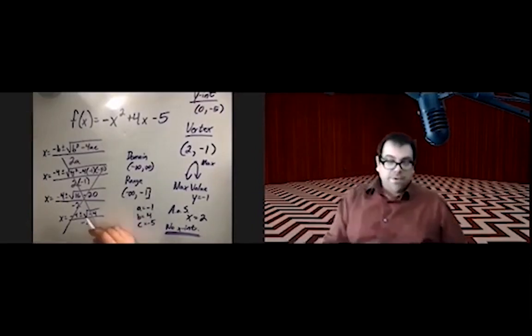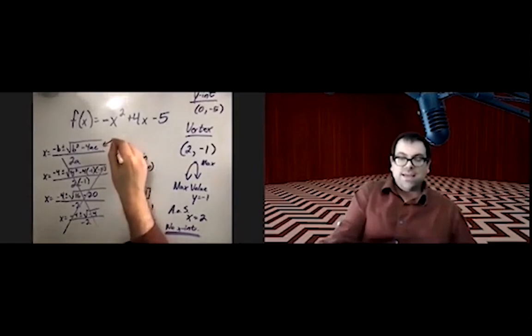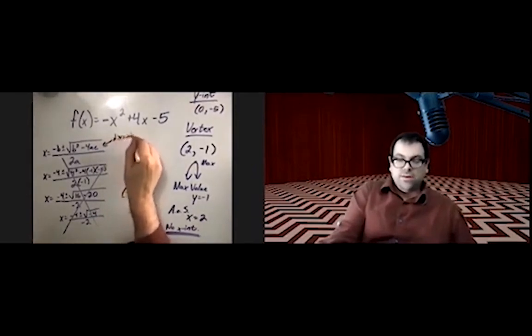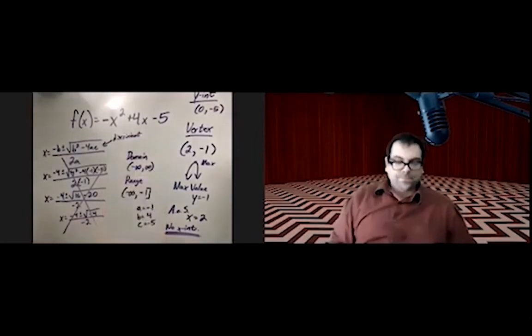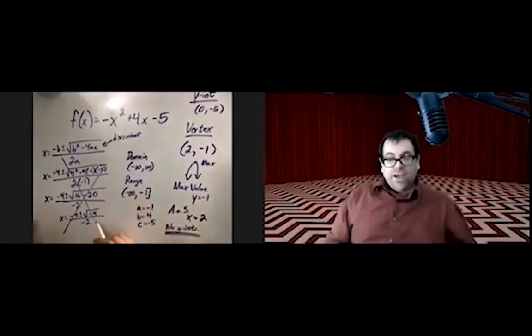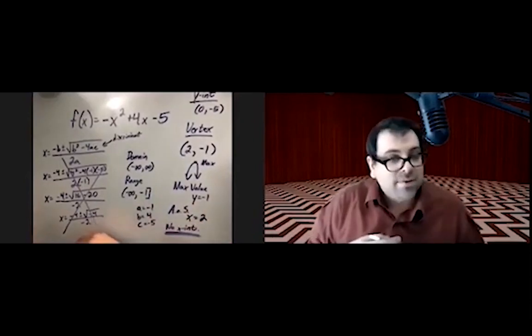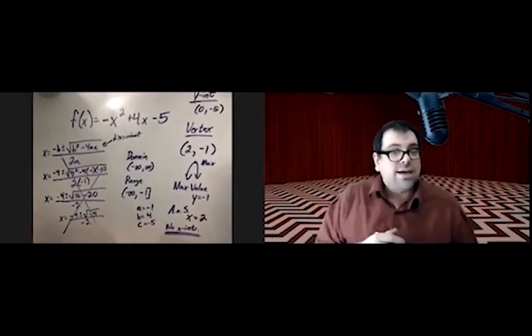So anytime we do this part of the quadratic formula, the b squared minus 4ac, the discriminant, and we get a negative number, that means there's no x-intercepts. If we get a positive number underneath, then just like the last time, we'll have 2 x-intercepts.